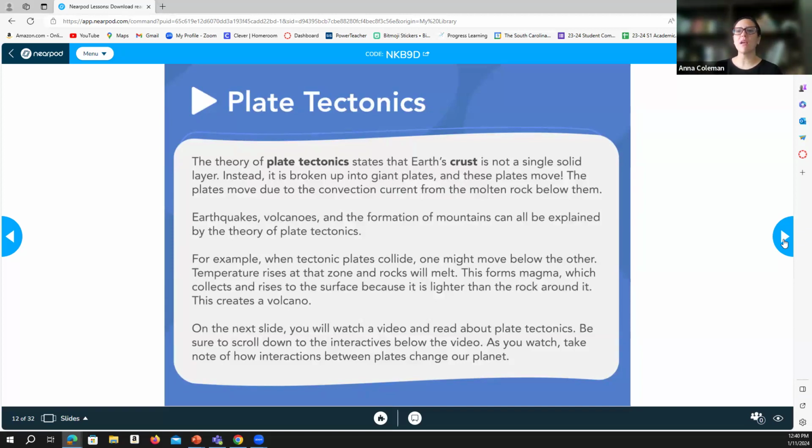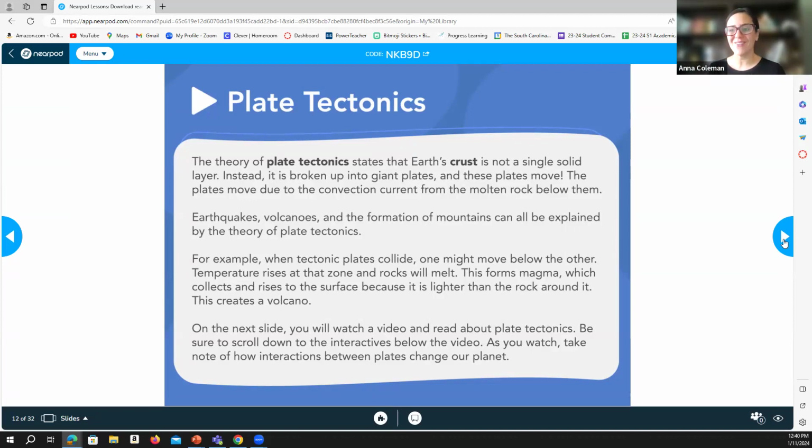All right, so earthquakes, volcanoes, and the formation of mountains can all be explained by the one theory of plate tectonics. For example, when plates collide, one might move below the other. The temperature rises at that zone and the rocks will melt. This forms magma, which collects and rises to the surface because it's lighter than the rock around it.